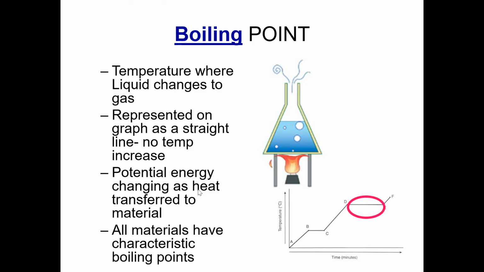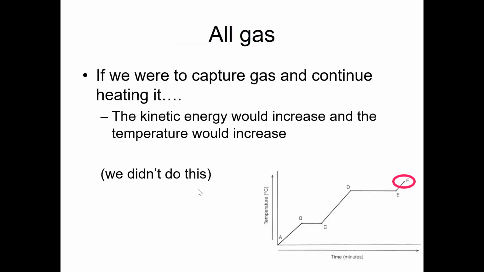You're changing the phase from a liquid to a gas. So the energy you put in goes towards changing the vibrations of the molecules to turn the liquid molecules into gas molecules. And then finally, once you've gotten rid of all the liquid, you're going to undergo a gas change.